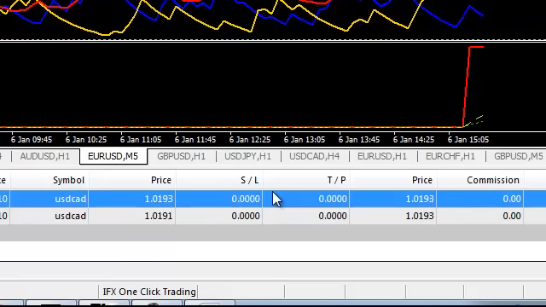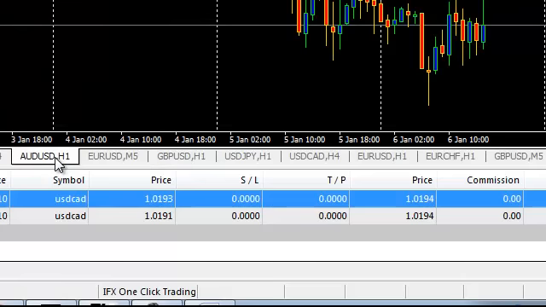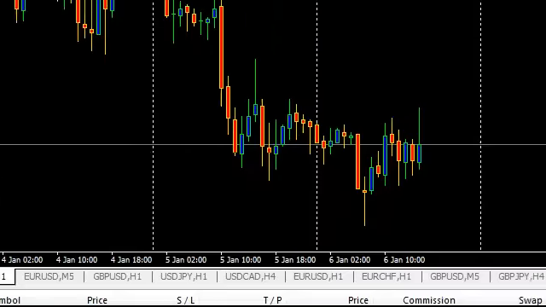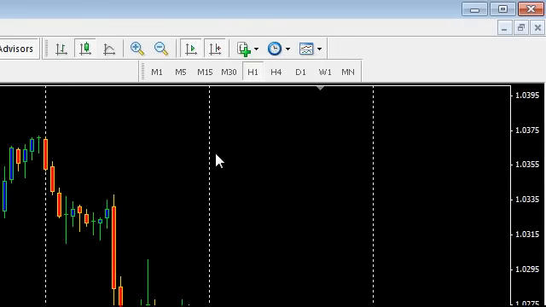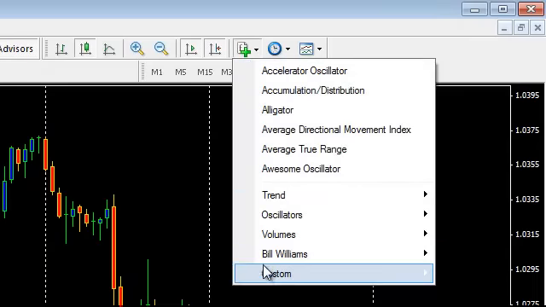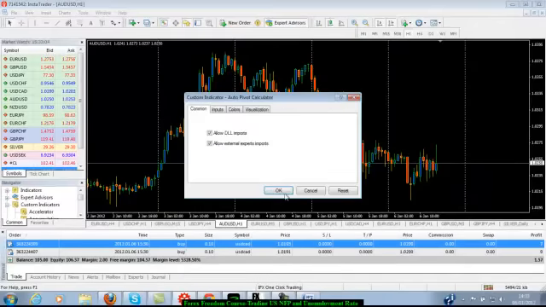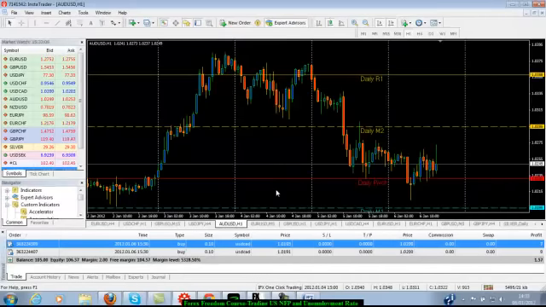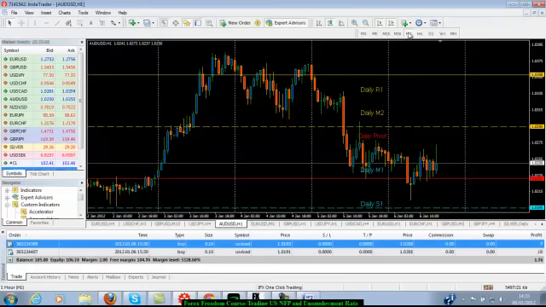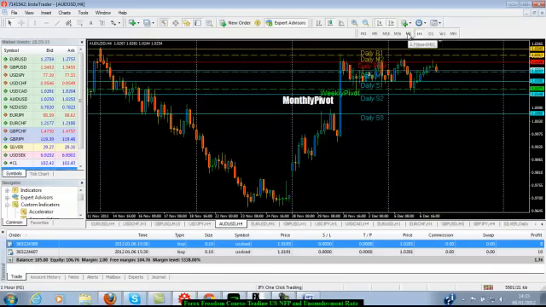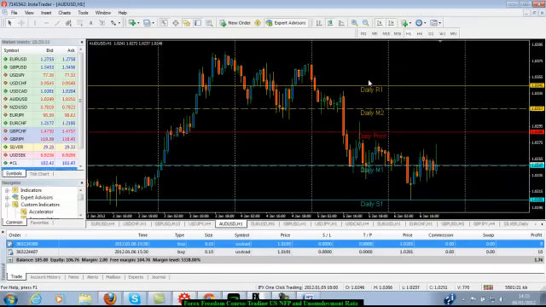I don't mind filling in as many. AUD USD should also be selling. AUD should be selling also. Let me find the levels here for AUD USD. This one is good for selling as well.